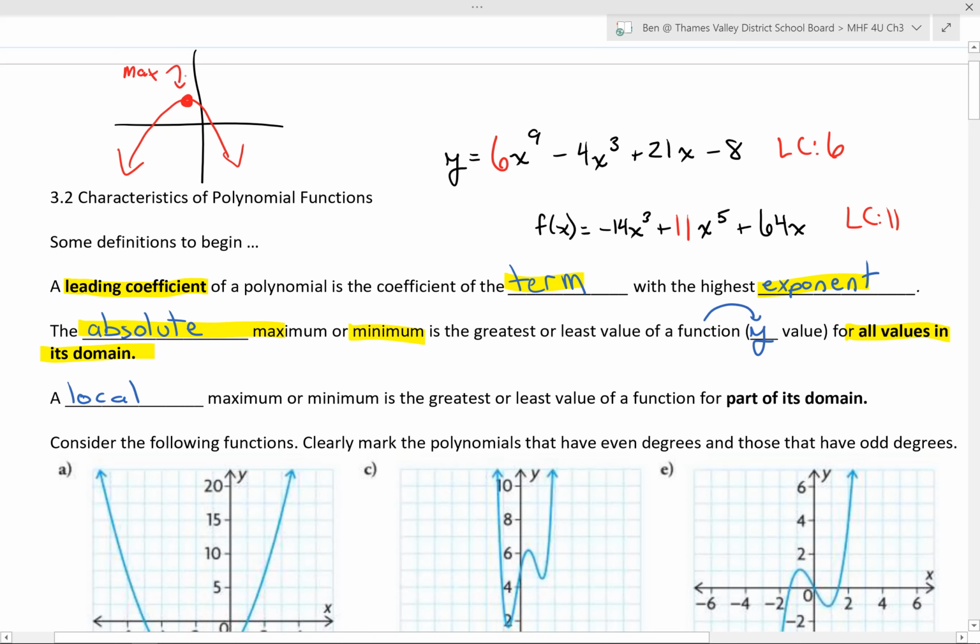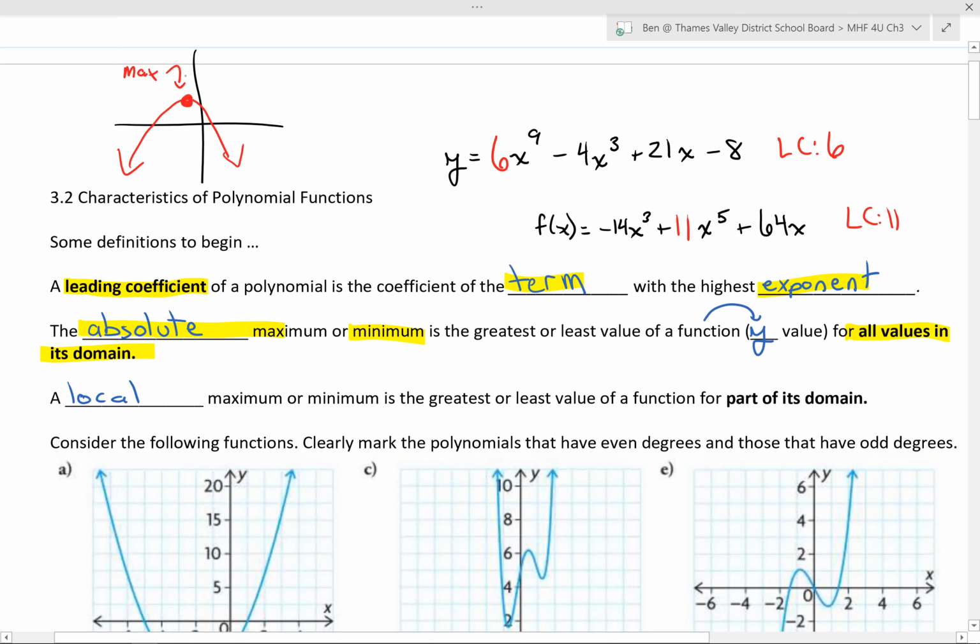If we have a point right here on this polynomial function, it has a value right at the bottom that is lower than any other value beside it. No matter how much I zoom in, this point right at the vertex is lower than all of the other values beside it, but it's not lower than the function over here.